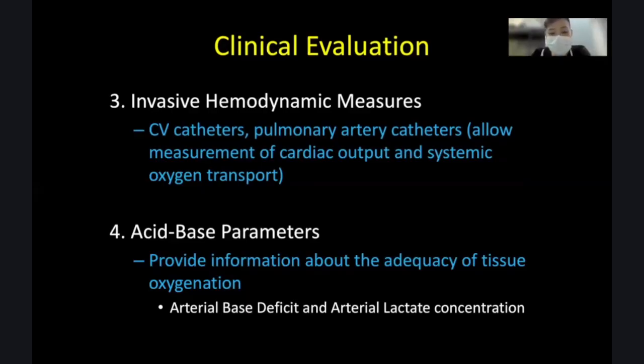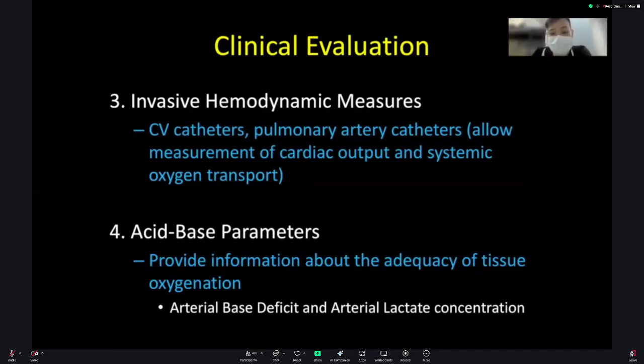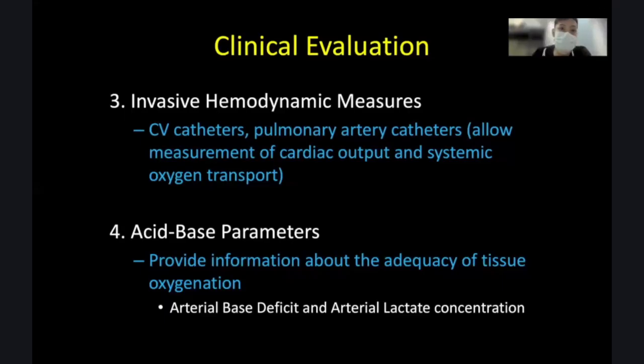Acid-base parameters provide information about the adequacy of tissue oxygenation. If you have decreased blood volume, there would be decreased delivery of oxygenated hemoglobin to your organs or periphery.